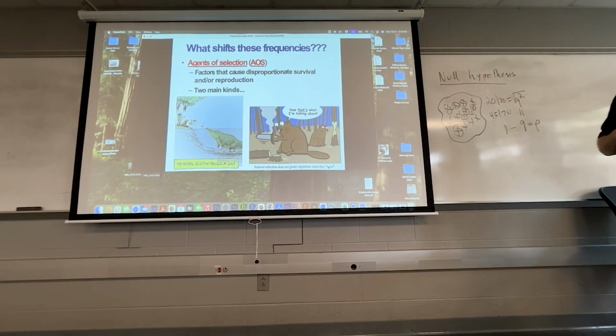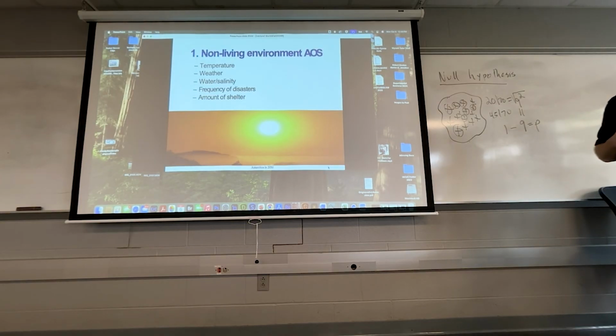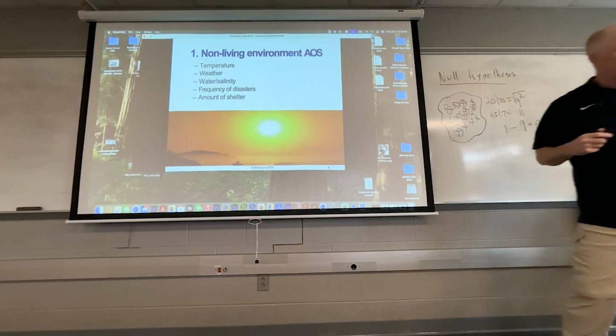They are environmental or non-living agents of selection, and then living agents of selection. So here are the non-living environmental agents of selection. They are temperature, weather, water and salinity, frequency of disaster, and amounts of shelter that are provided in any one environment.